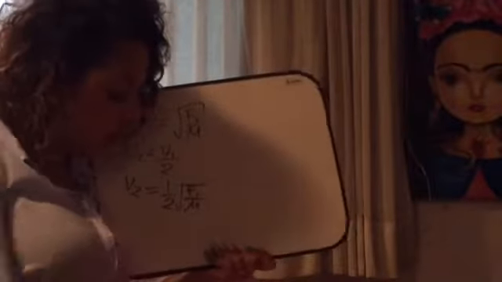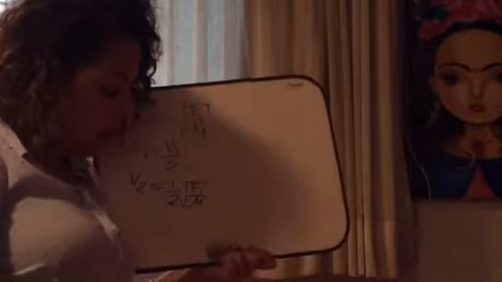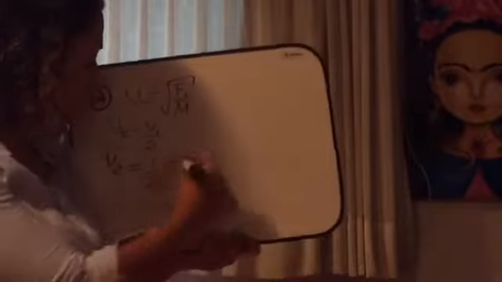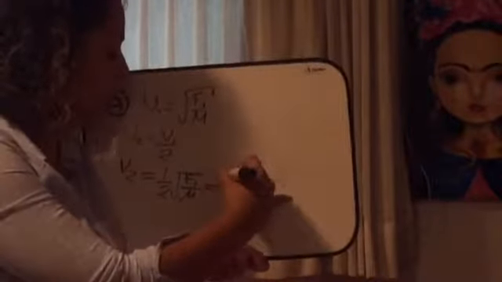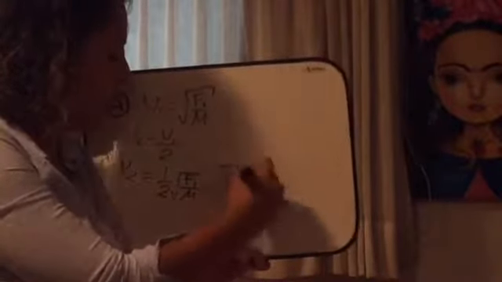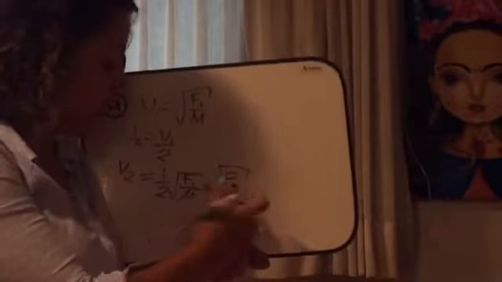So from this, we can determine the value for F2, because we know that this should also be equal to the square root of F2 divided by mu.